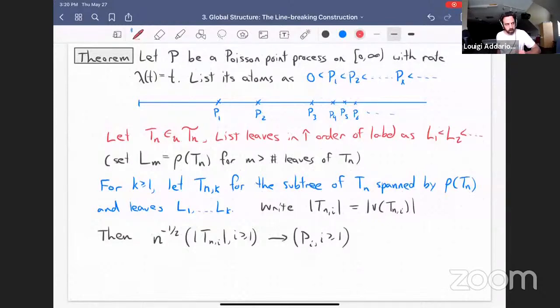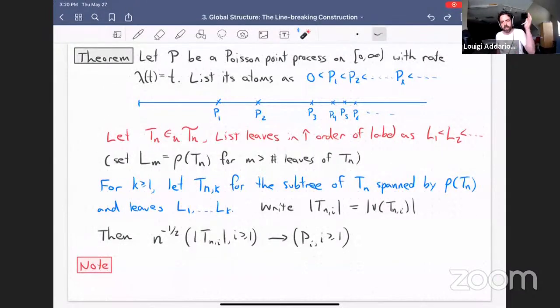Well, in particular, we'll prove the theorem, but then we'll go a little further than that. But let me first remark that this is an extension of the result about the Rayleigh distribution, because if we look at the first atom, if we look at the case i equals 1 of this statement, it relates to the size of the tree that just goes from the root to the first leaf.